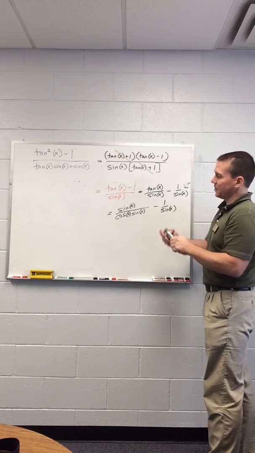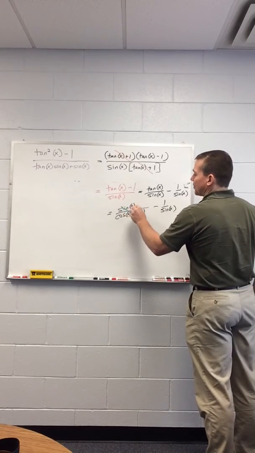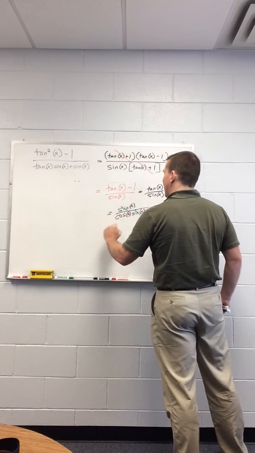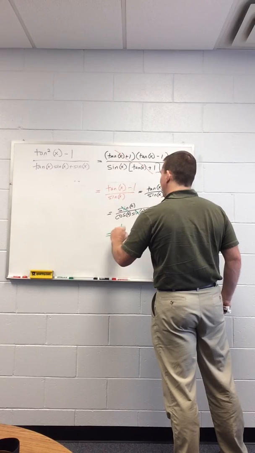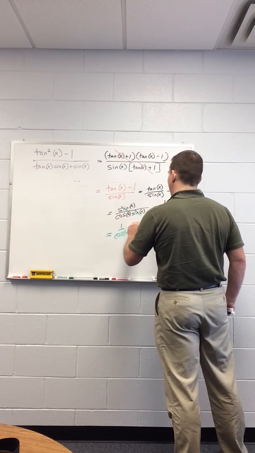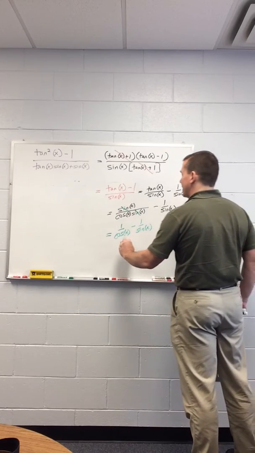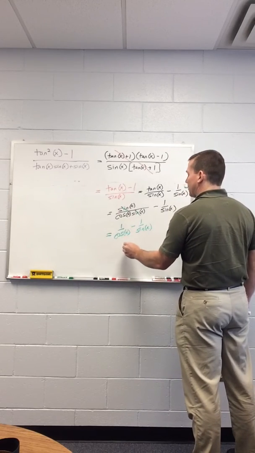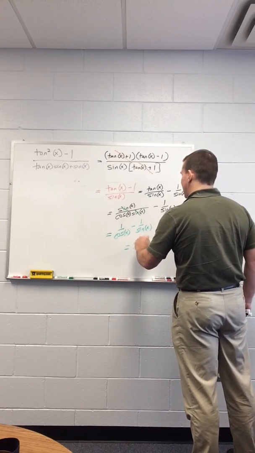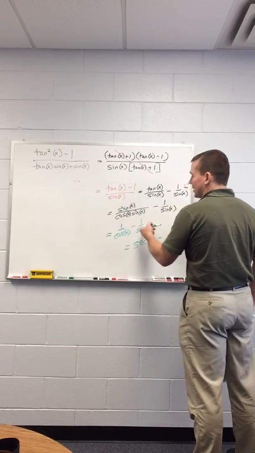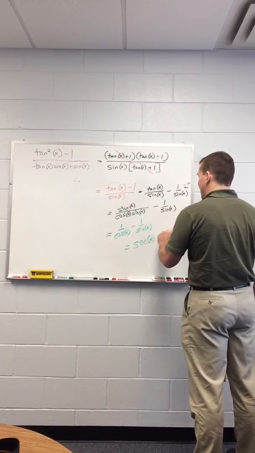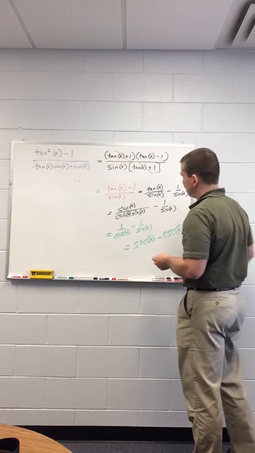Now, in the first fraction, I have sine x over sine x. That cancels out, and I'm left with 1 over cos x minus 1 over sine x. And again, these are just our reciprocal identities. Cosine's reciprocal of secant, so that's secant x, minus sine's reciprocal of cosecant, that's cosecant x.